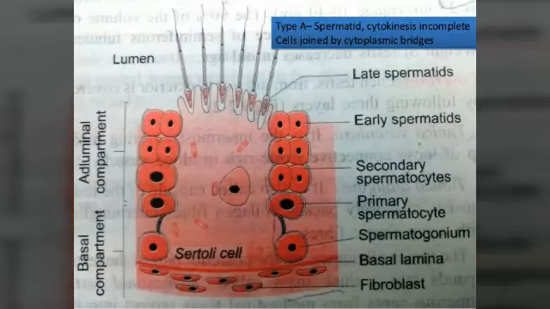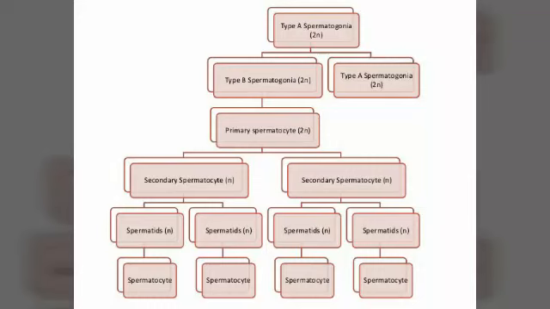Sertoli cells are present outside and the sperms are attached to the Sertoli cells and take nutrients from them. Next, this is the chart which represents the spermatogonia and the different steps.